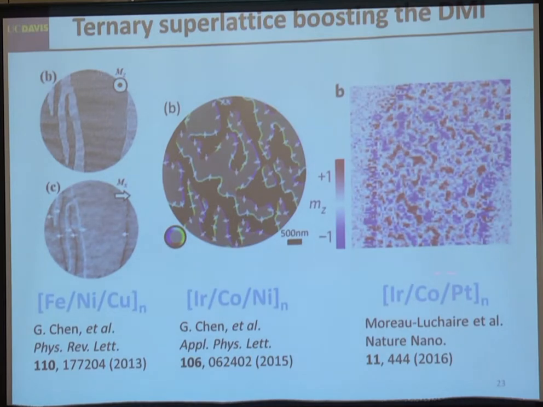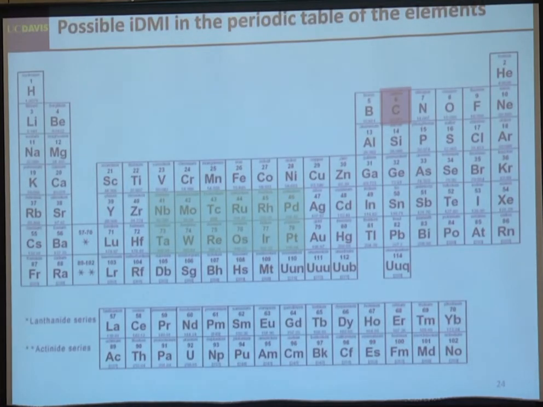And the French group also showed that with optimized structure and transfer interface, we have a much larger DMI, which leads to sub-100 nanometer skyrmion experiments. I'm going to say this as a starting point for the last part of the talk, but now I want to do something slightly different.